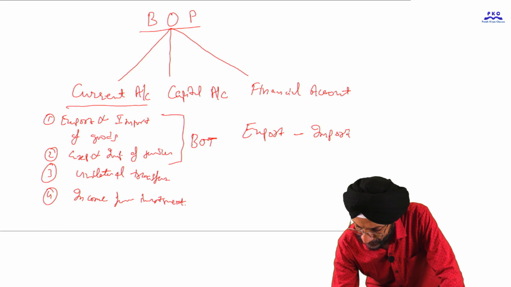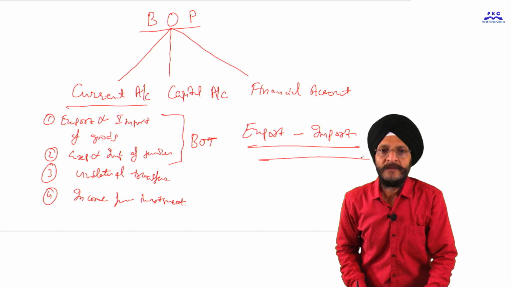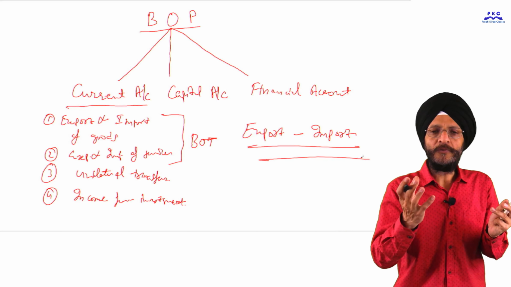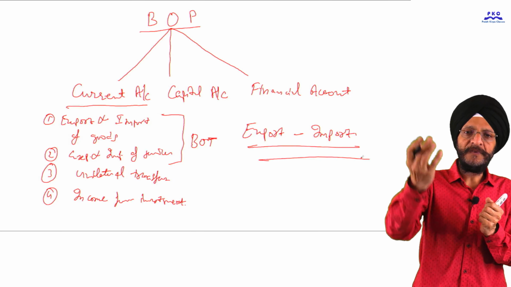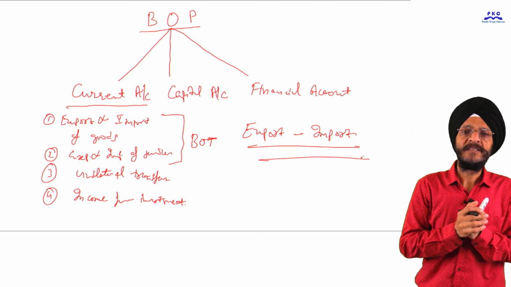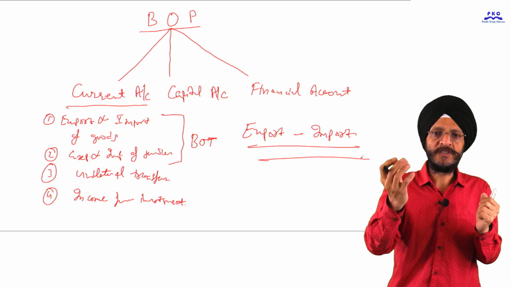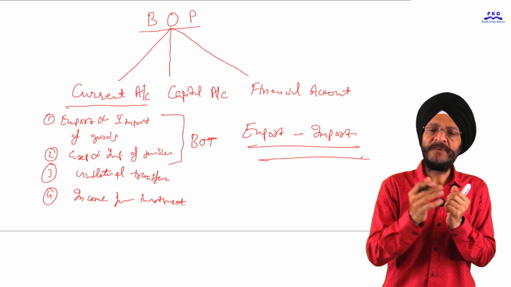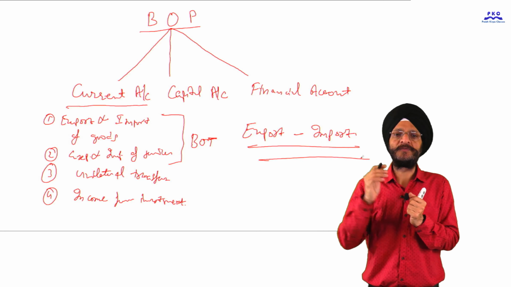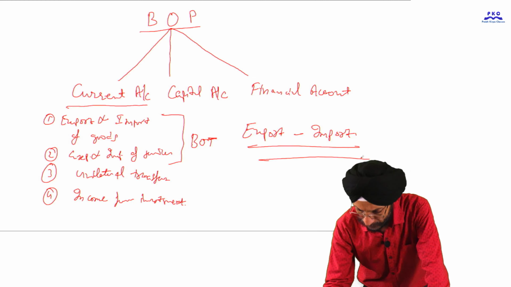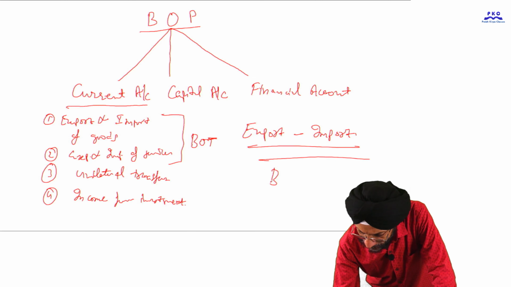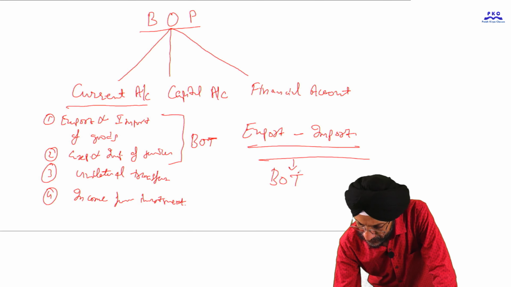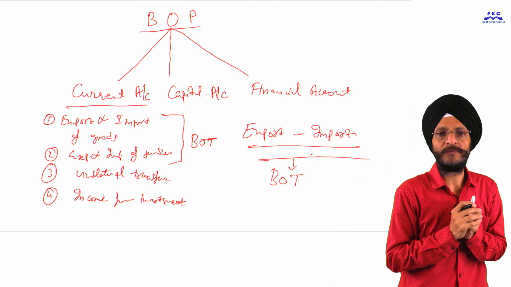This is balance of trade. The value of goods and services which are exported minus the value of goods and services which are imported from the rest of the world. This is BOT. This is the broader definition of balance of trade.